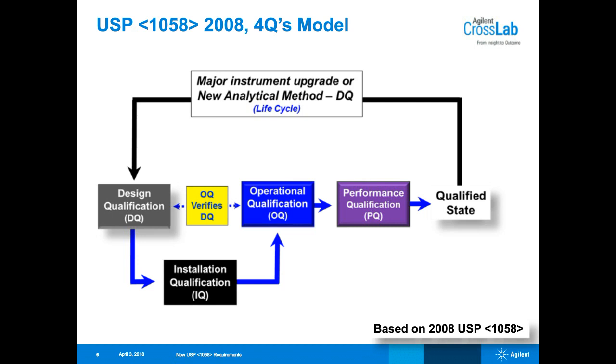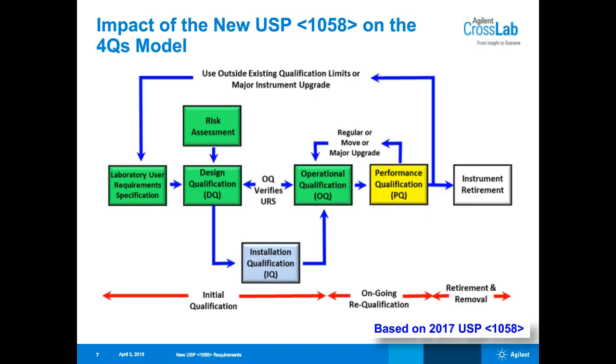That's the old version. The new version has some substantial changes, and you'll see this in this slide. There is now, with the erratum, a specific requirement for the laboratory to write its own user requirement specification. That is then used to check that the piece of equipment or instrument that you want to buy matches it, and that's the design qualification.